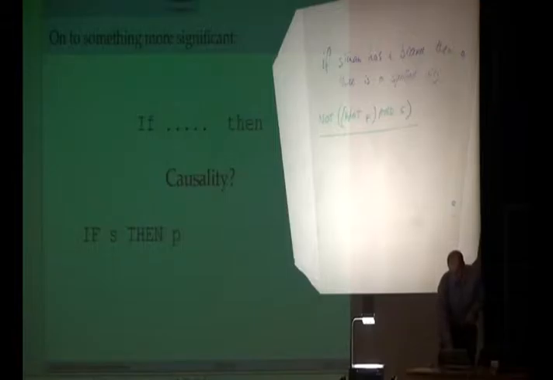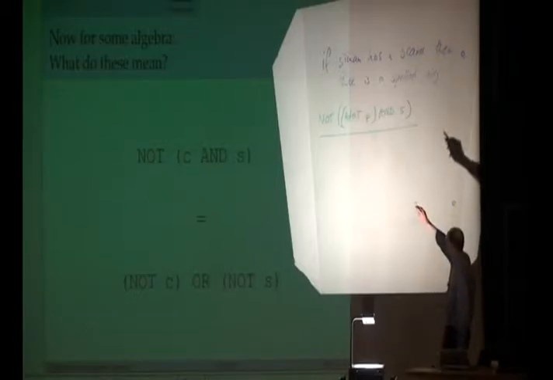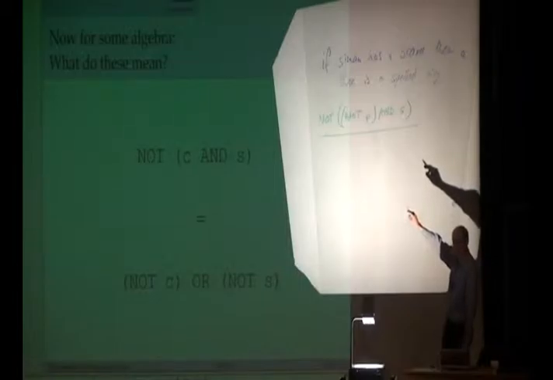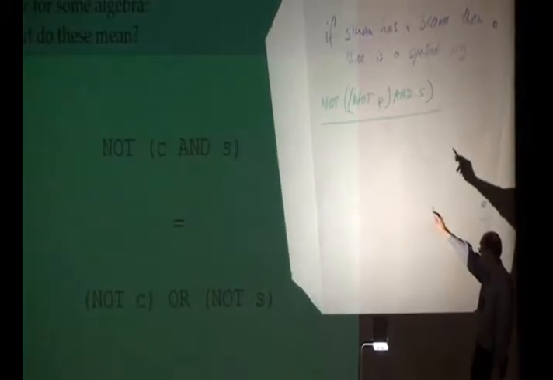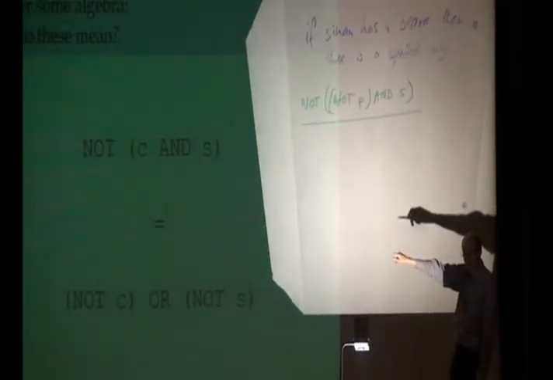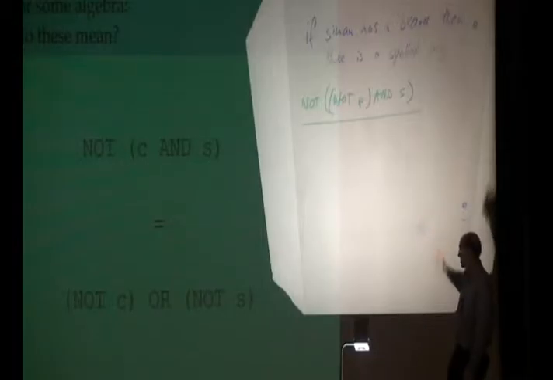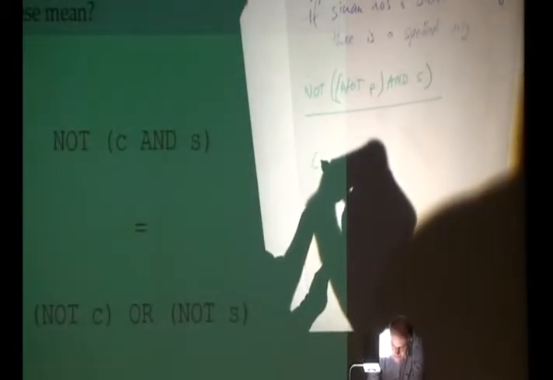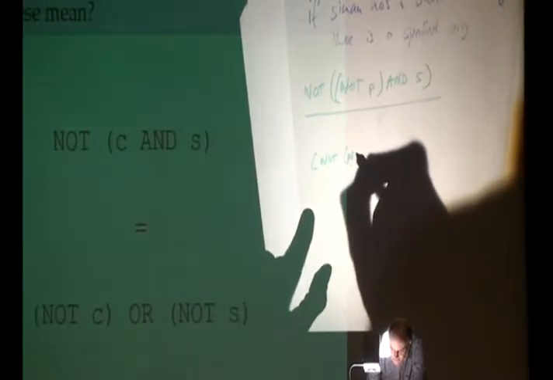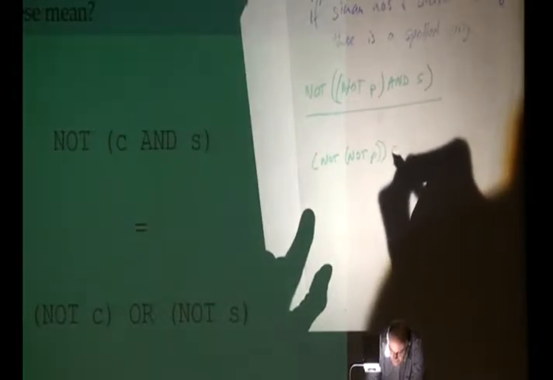Okay. So this was the general thing, wasn't it? Not C and S, not C or not S. We've got not P and S, so it's going to turn into an or, isn't it? Not P or not S. Okay, what's not P?